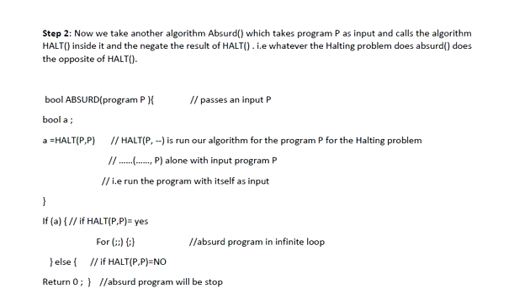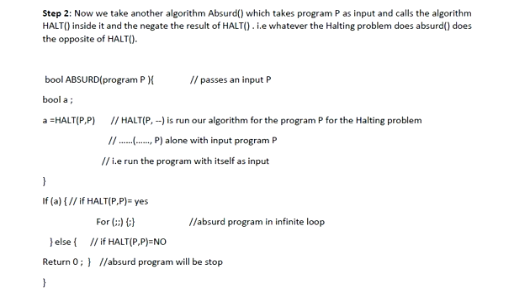So let's see. Here we have boolean absurd. Inside of it we have program P, which is passed as the input, and we have boolean A. A is a variable here.